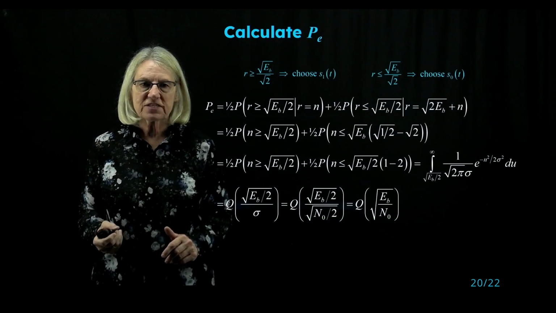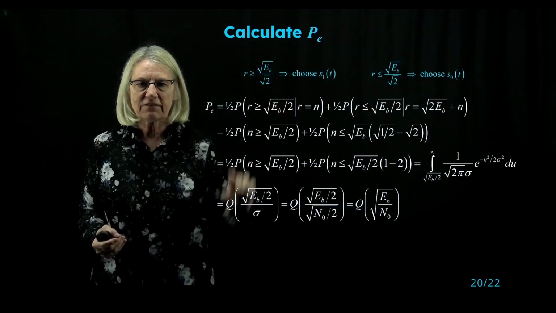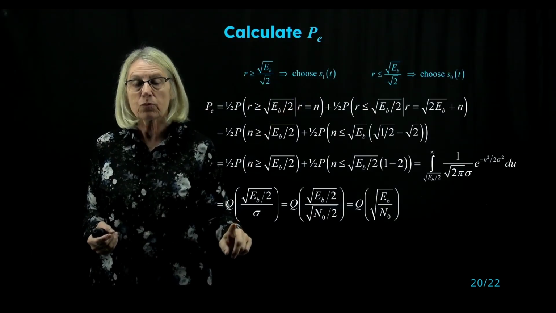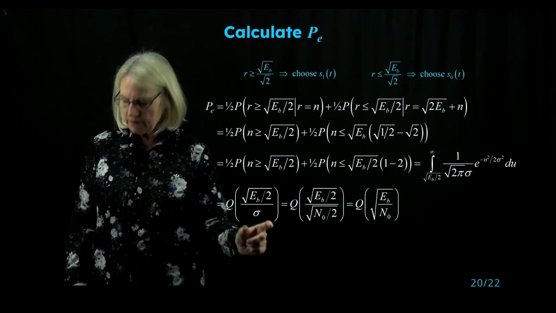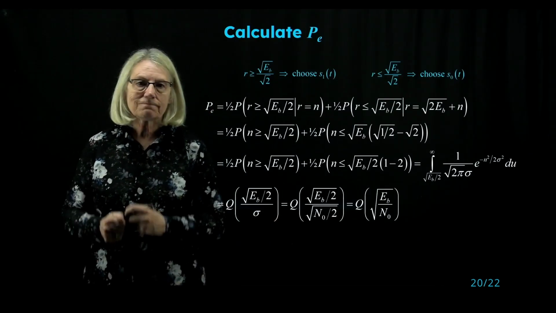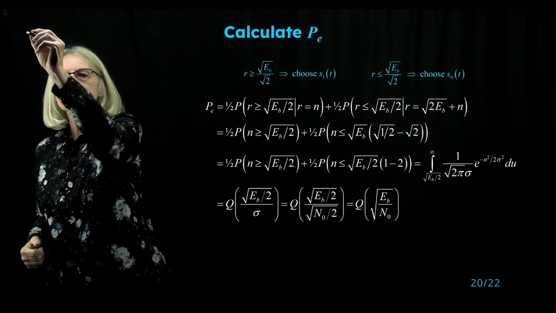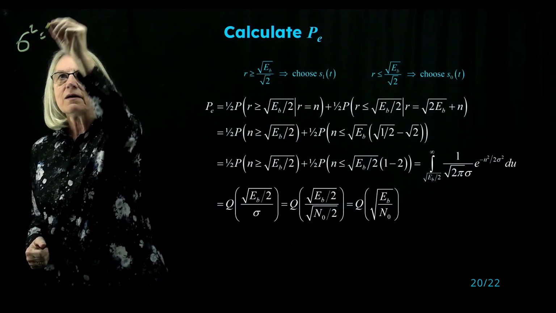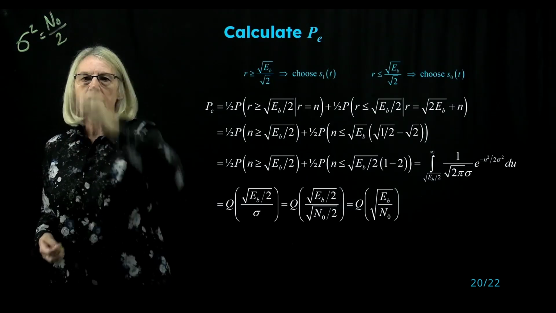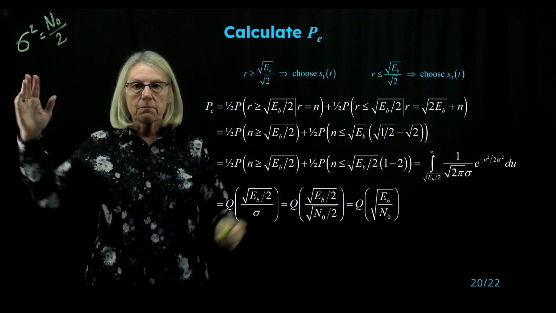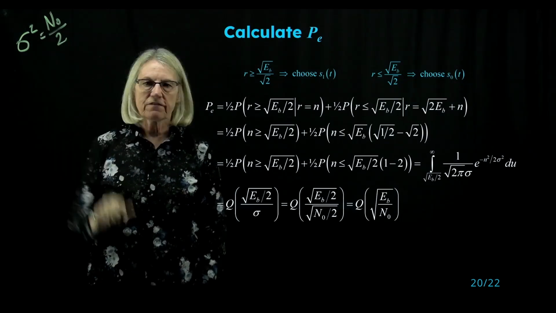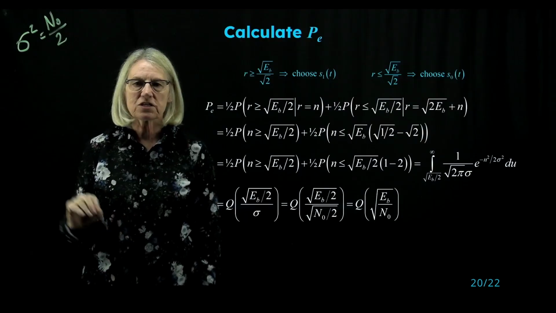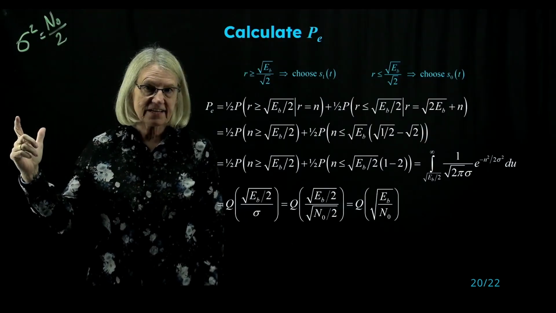So now I'm going to say that this probability of error is just equal to the square root of EB divided by 2 divided by sigma. Now you're going to see me replace sigma squared by N0 over 2. Before I just used a symbol, sigma. Now we're going to use another notation very common in communications, which is based on the power spectral density of the noise.